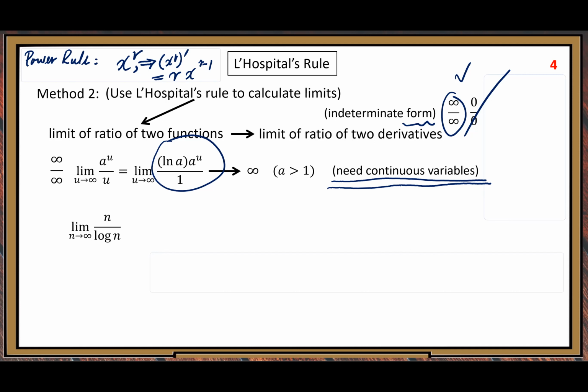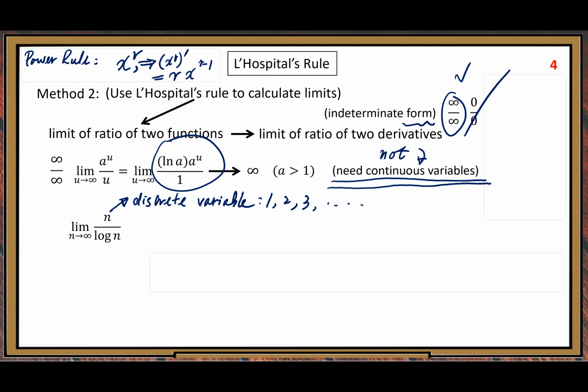For L'Hopital's rule, you need to calculate the derivatives. But here, these two functions, n and log of n, have the variable n, which is a discrete variable, not a continuous variable. The value does not change continuously. A discrete variable takes values 1, 2, 3; you cannot take any value between 1 and 2.